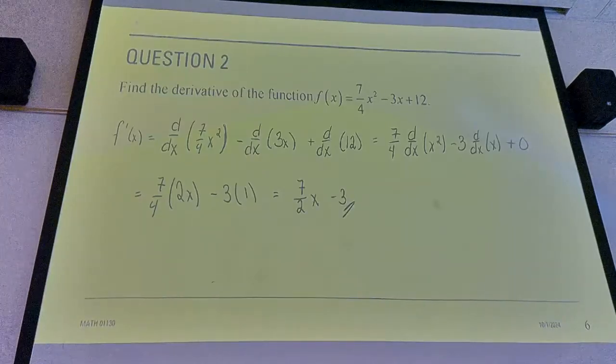So there's your derivative. Now, this sum's actually supposed to be 7 halves.